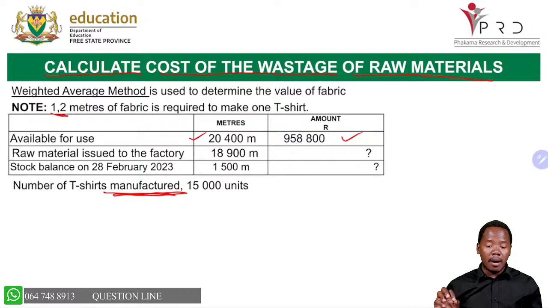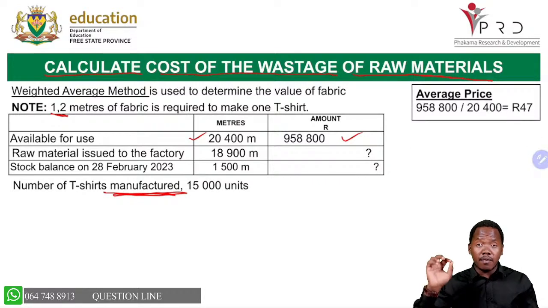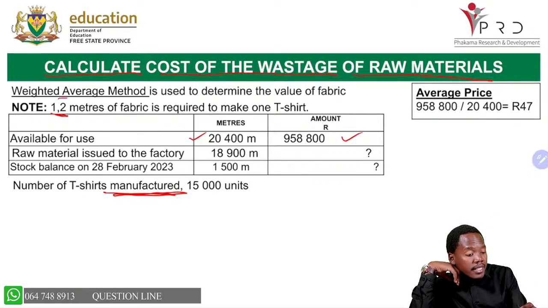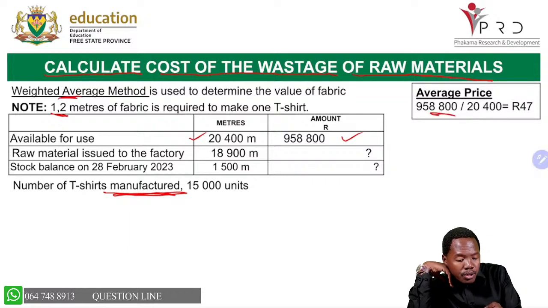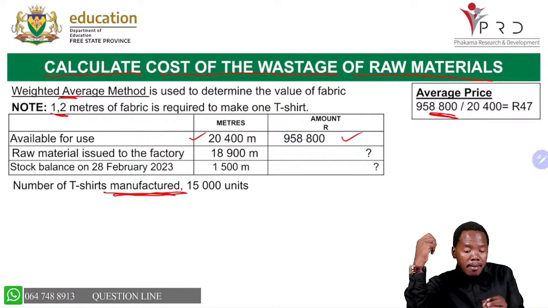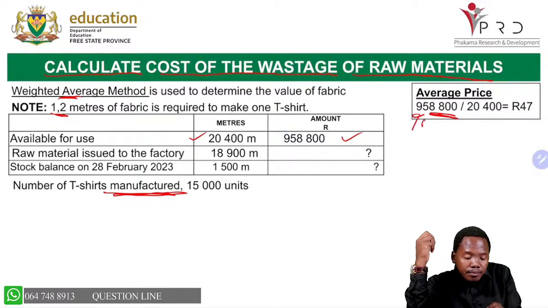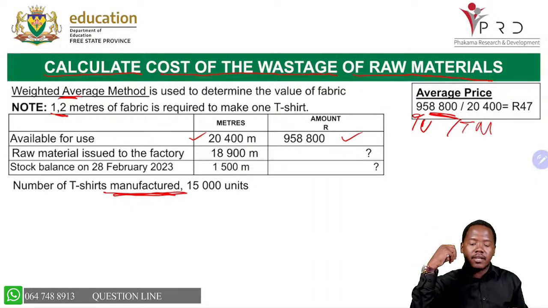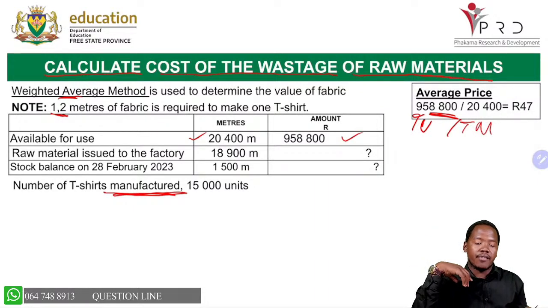Now, how do we go about doing this activity? First of all, because we are using the weighted average method, we're supposed to think back and remember how we calculated our average price. Remember, it was total value divided by total meters. Okay, then we got the 47 rands.